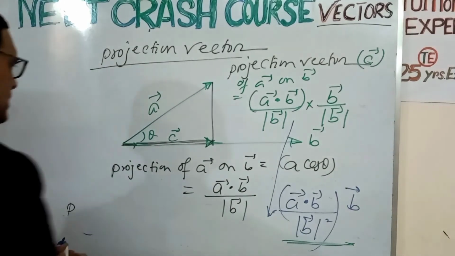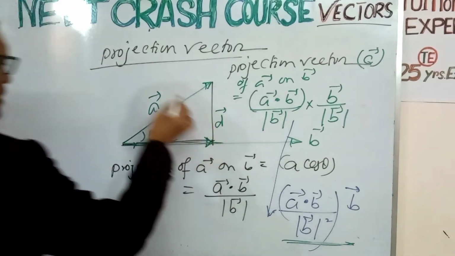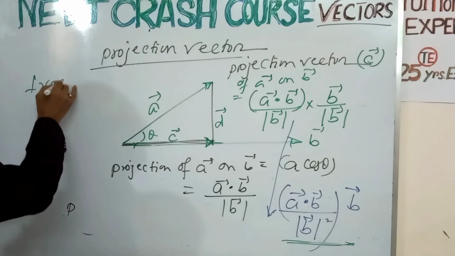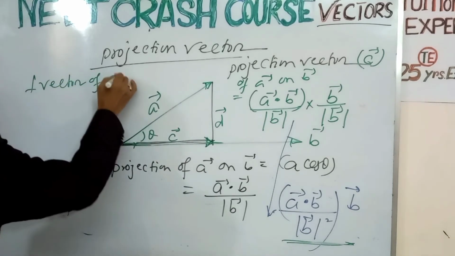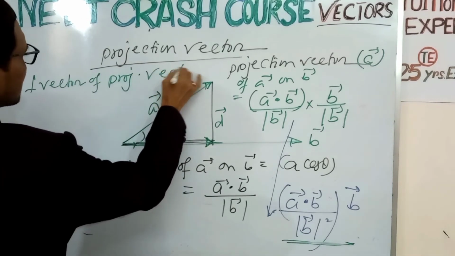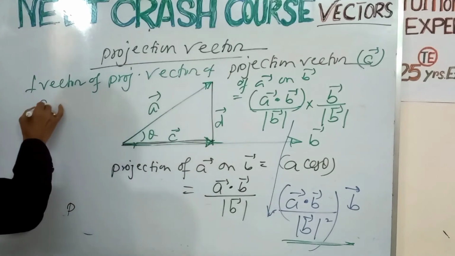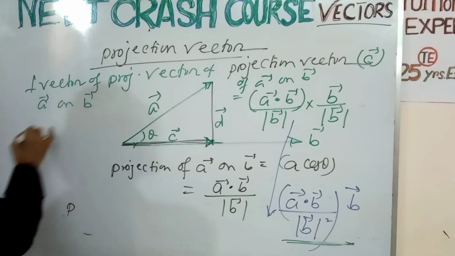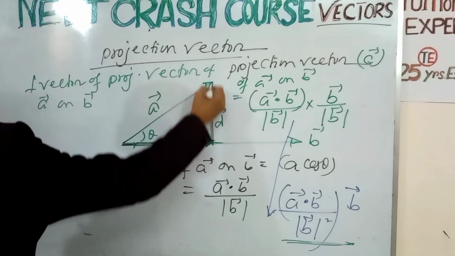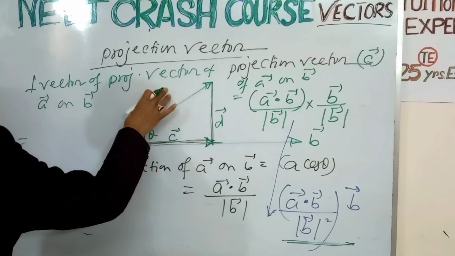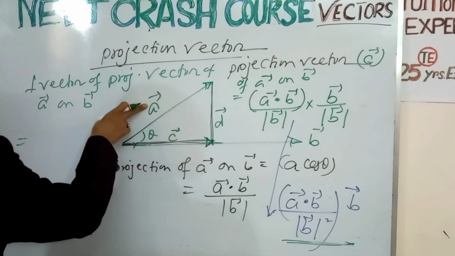And what is this vector? It is the perpendicular vector of the projection vector of a on b. So we get this vector, and we know the vector a.